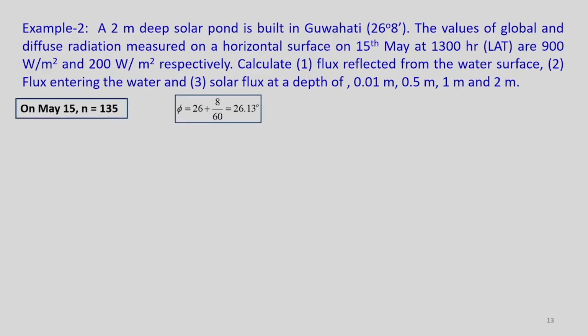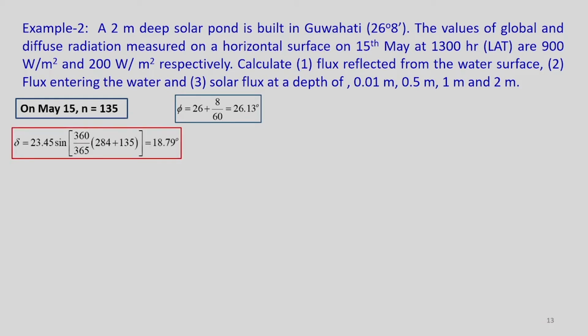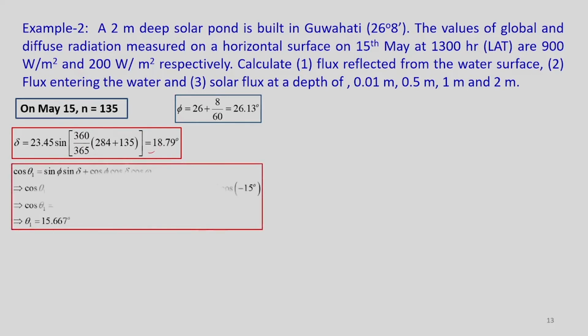So on May 15th, n is equal to 135, you can calculate it, and phi is 26 plus 8 by 60, which in degrees is 26.13 degree. If you know n, then straight away you can calculate the declination delta by using this expression. Next we need to calculate theta 1, which is related with this expression.